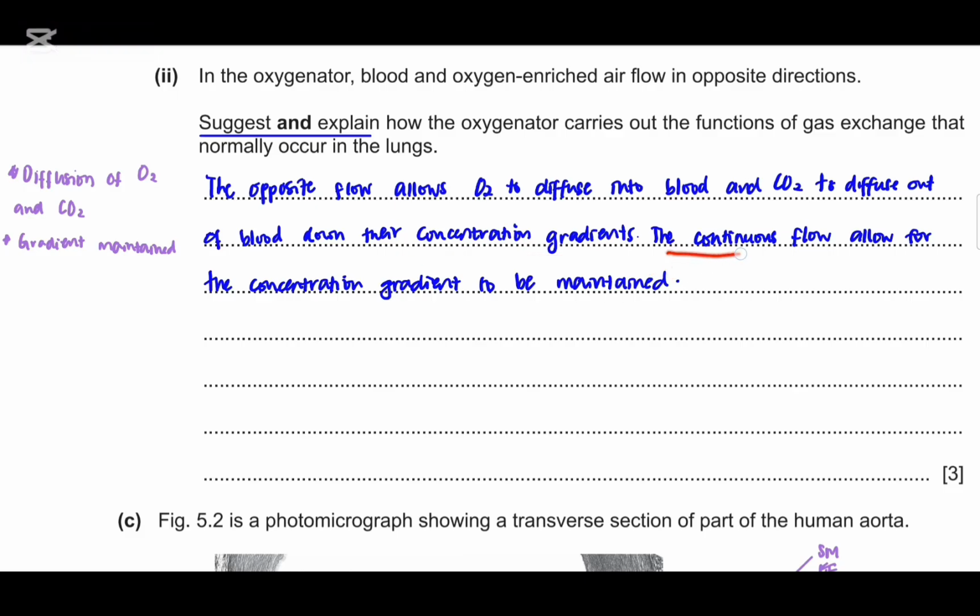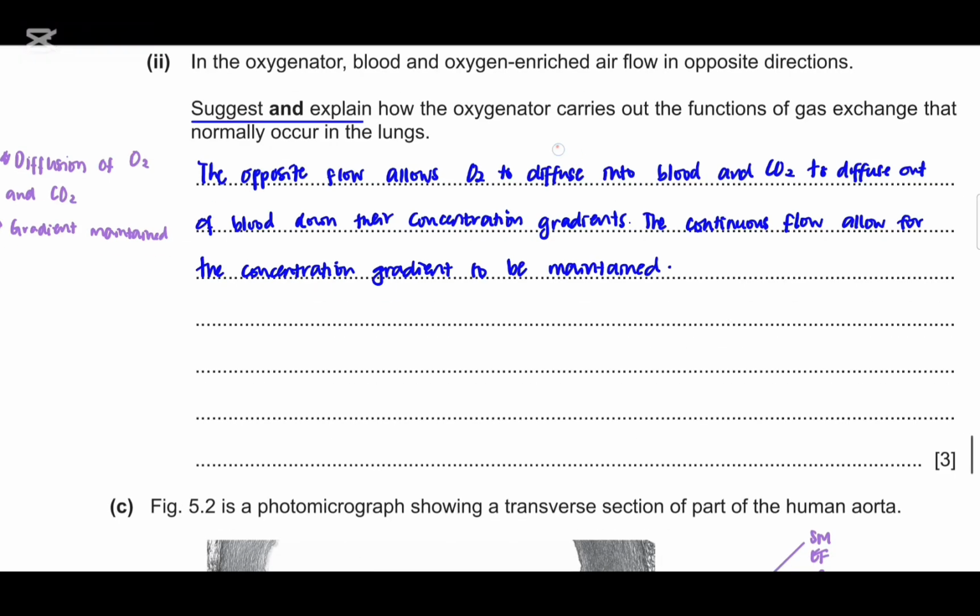And this continuous flow allows the concentration gradient to be maintained, so that diffusion can constantly occur. So the idea is that we recognize the movements of the gases involved: which gases, the concentration gradient, and how this concentration gradient is maintained.